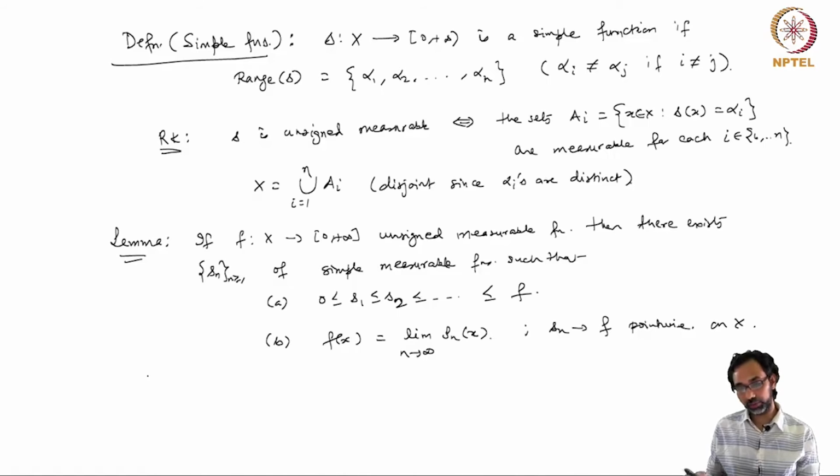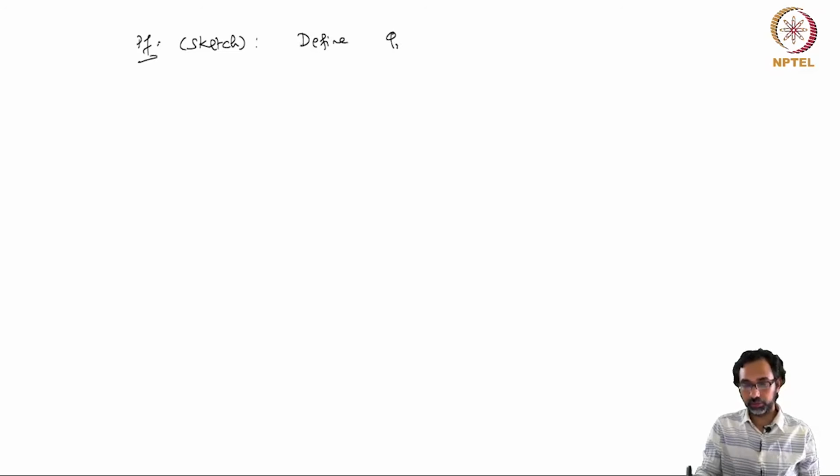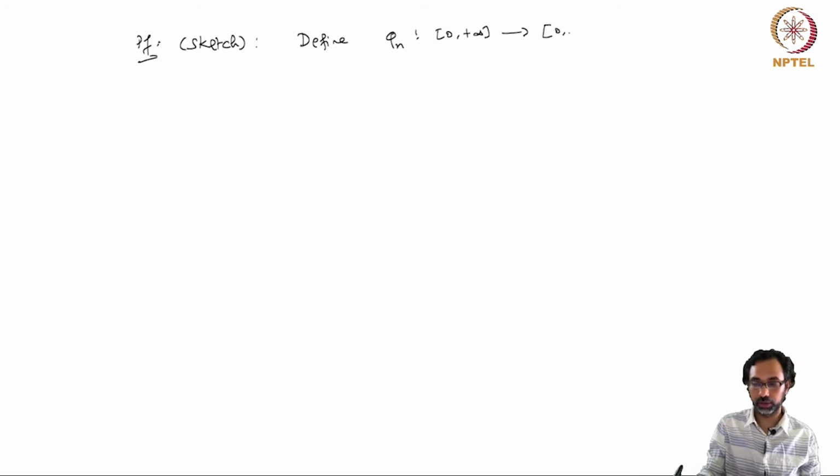This kind of result says that any unsigned measurable function can be approximated by simple measurable functions. So, let us see the proof, or rather the sketch of the proof. First of all, define functions phi_n from [0, +infinity] to [0, +infinity] as follows.